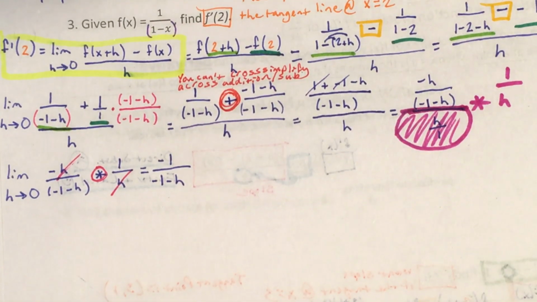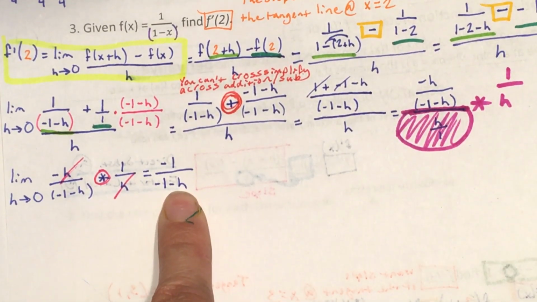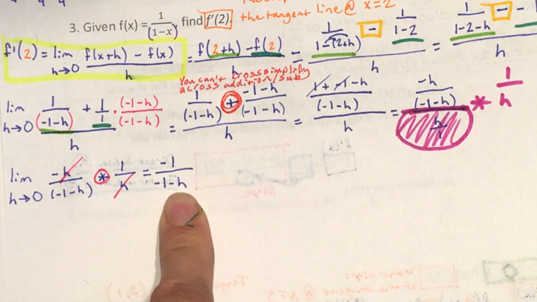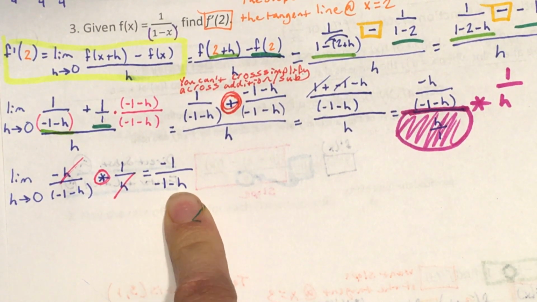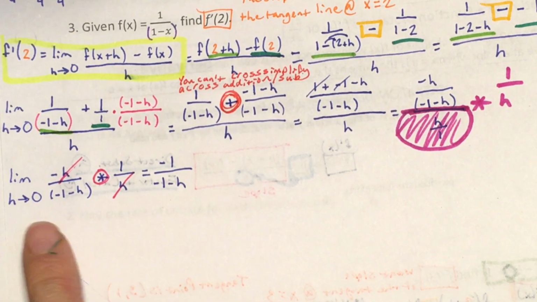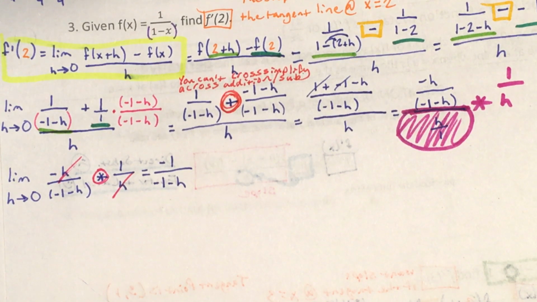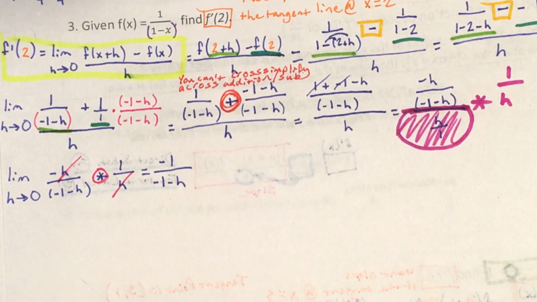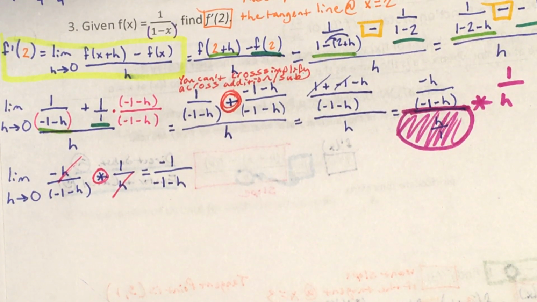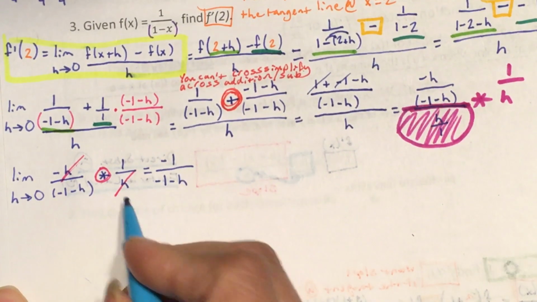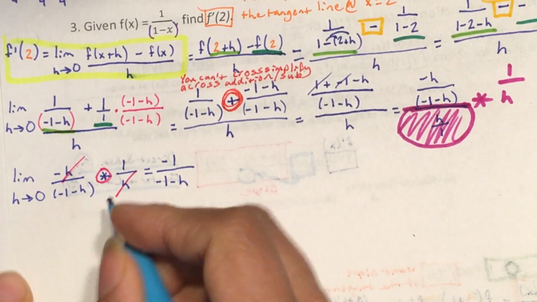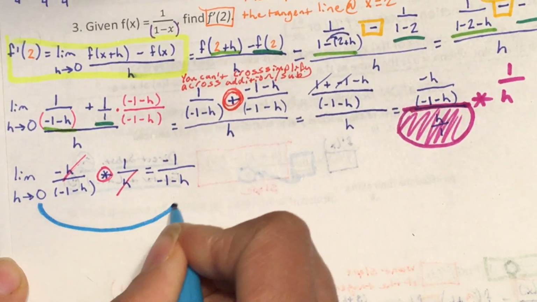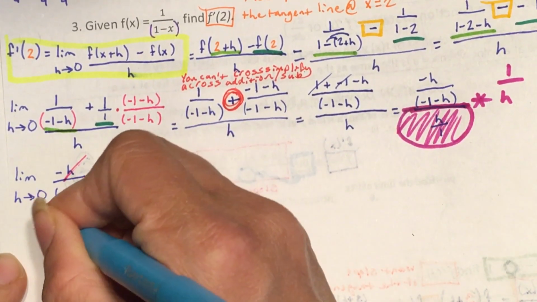Now if you're looking at this going, but there's an h still in the denominator. There is an h there, but can I do direct substitution? Are we going to end up dividing by 0 or something that is a restriction? No. So once I get rid of this scuzzy h, I can now do direct substitution.